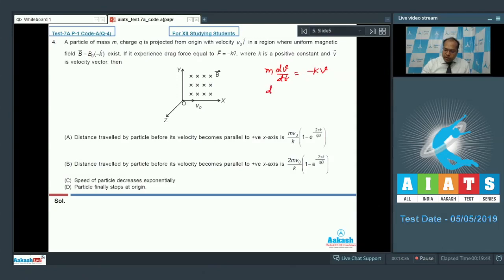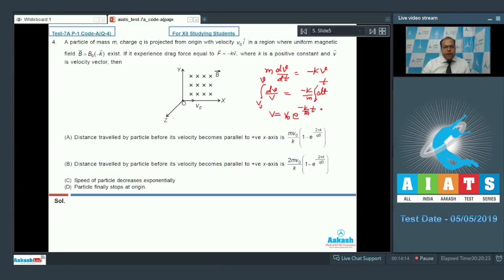So if I rearrange this equation, it can be written as dv by v is equal to minus k by m into dt. So at t equal to 0, the velocity is v0 in the positive x direction, and at any time t, its velocity is v. So if I integrate, then we will get v is equal to v0 into e raised to the power minus k by m into t.